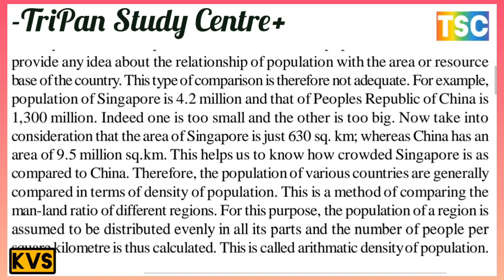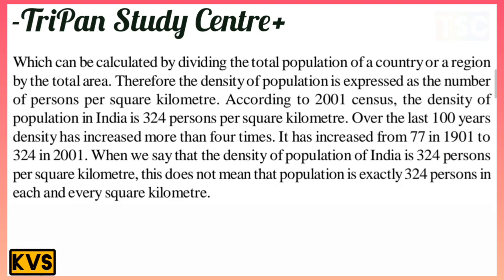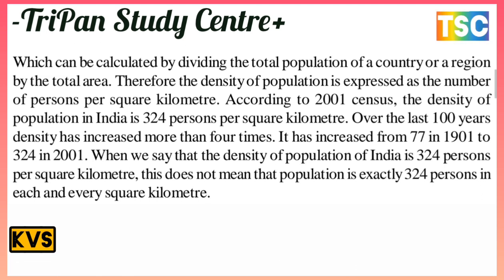This is called the arithmetic density of population, which is calculated by dividing the total population of a country or region by the total area. Therefore, density of population is expressed as number of persons per square kilometer.